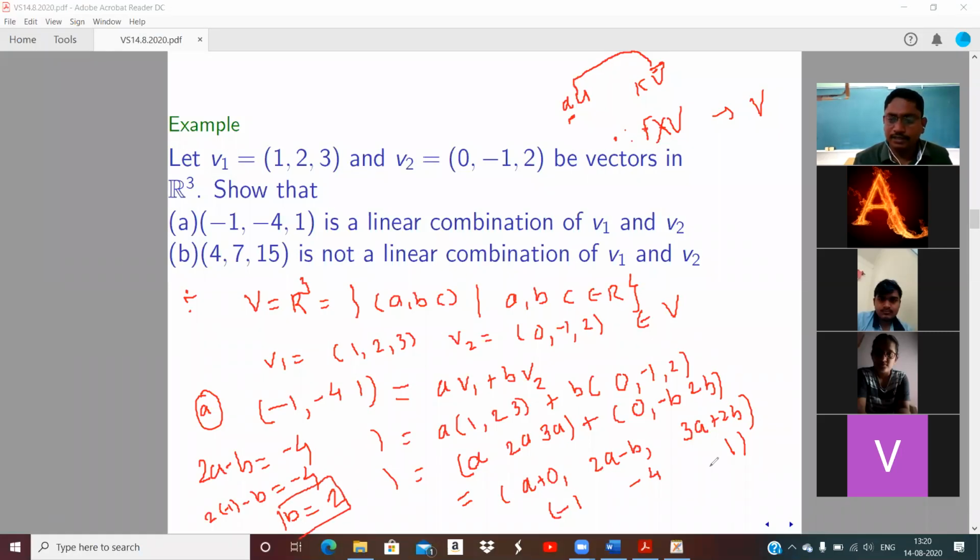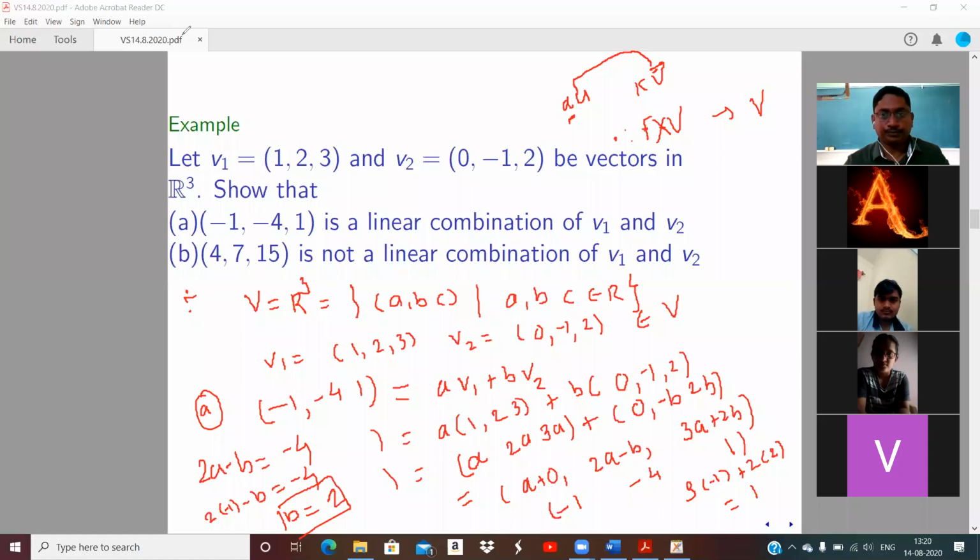And check whether it satisfies 3 into -1 and 3 into 2. So it is 1. So it verifies that whatever A and B you find, it must satisfy all three equations, all three conditions. Your 3A plus 2B has to be 1. If you put A equal to -1 and B equal to 2 here, it gives 1.